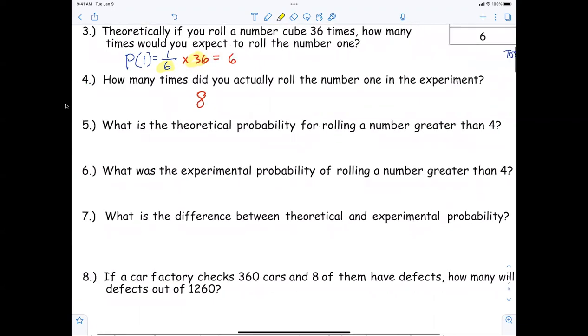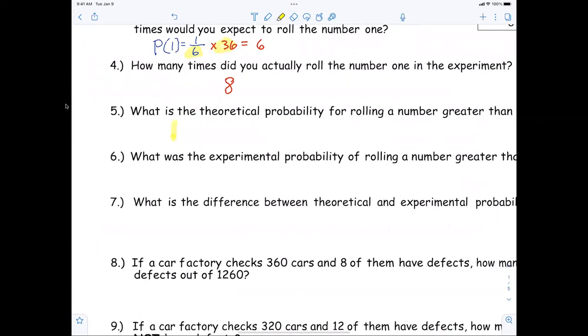So I'd like everybody right now to write the probability, put P, is greater than 4. That's what we got. What's the probability that you get a roll greater than 4? The theoretical probability for that again is 2 out of 6, which we're going to go ahead and reduce to 1/3.